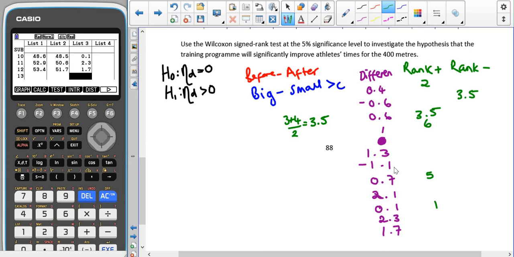Then we have 1.1, and it's minus 1.1, so that's going to get the rank of 7 in the minus column. Then 1.3, that gets the rank of 8 in the positive column. Then 1.7, that gets the rank of 9 in the positive column. Then 2.1, that gets the rank of 10 in the positive column. And then 2.3, that gets the rank of 11 in the positive column.